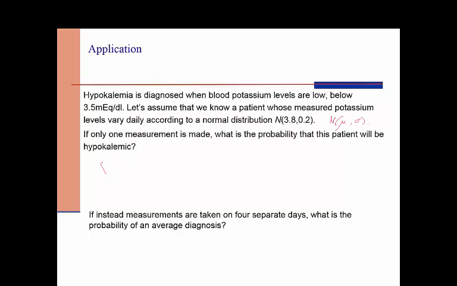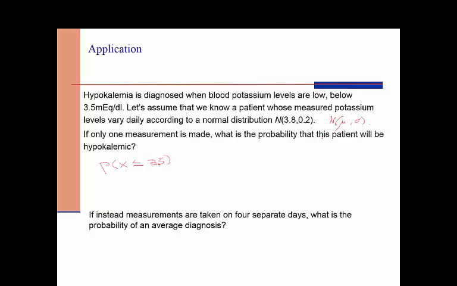That means we have to find the probability of x being less than or equal to 3.5. So I'll let you think about how to approach this problem. You know mu and you know sigma.